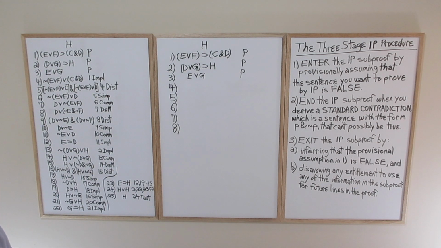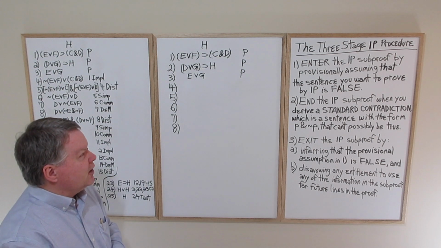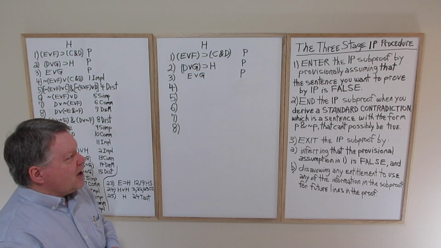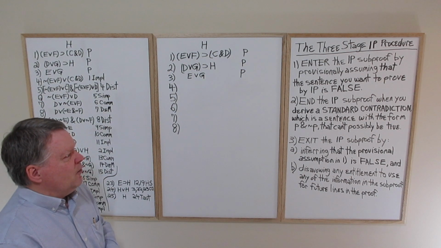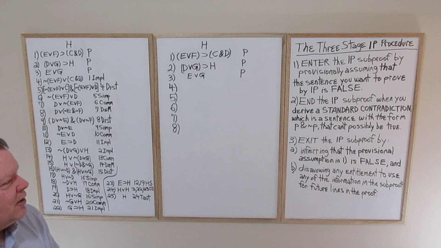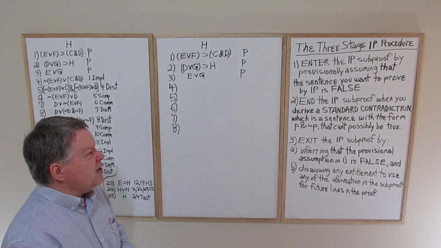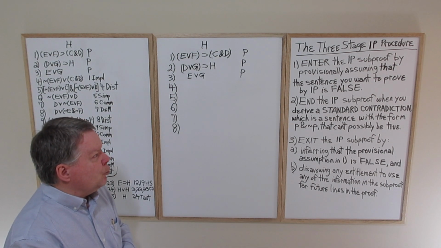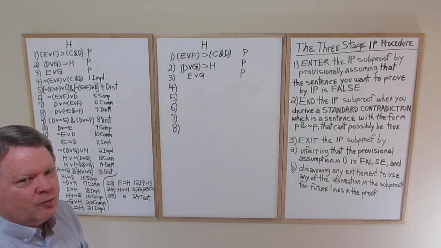Like the CP subproof procedure, the IP subproof procedure consists of the same three stages: the entry stage, then the ending stage, and finally the exit stage. We enter the IP subproof by provisionally assuming that the sentence you want to prove by IP is false.